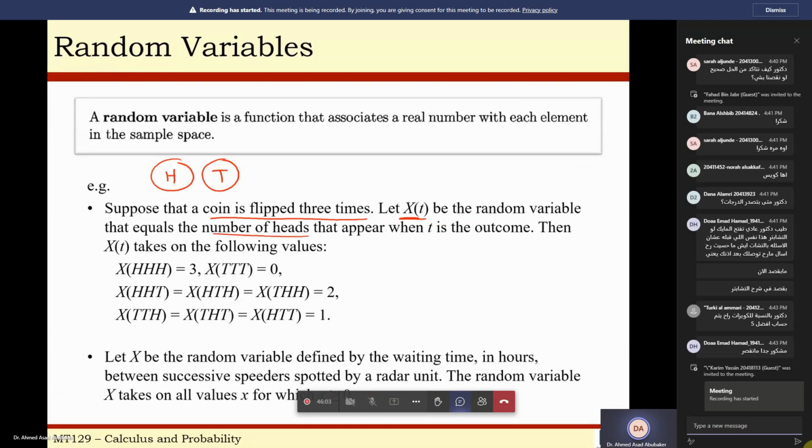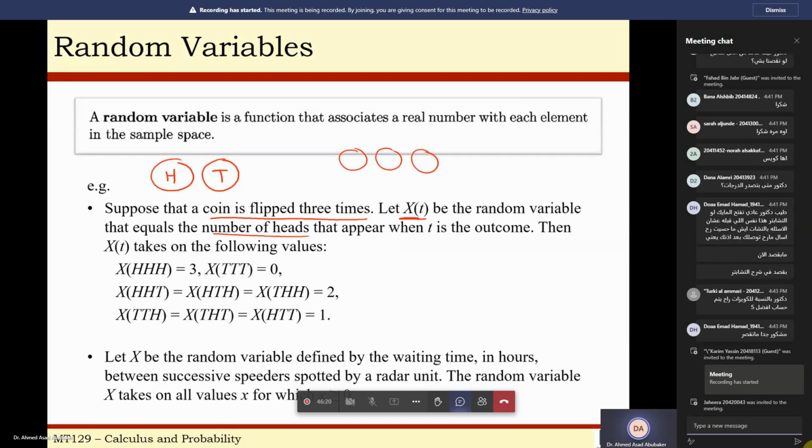So we flip the coin 3 times and count the number of heads. If we flip the coin 3 times, we have 8 outcomes.